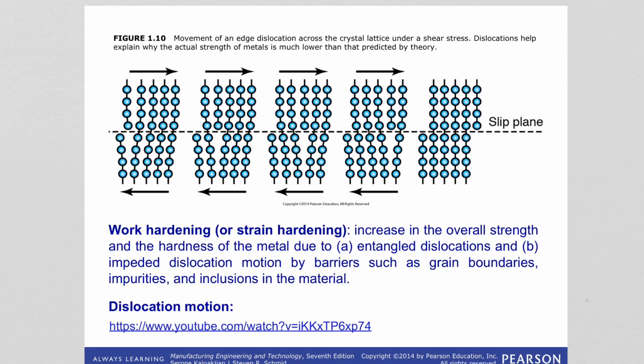But in practice, they didn't observe that this much stress was required, as calculated by the theory. So they needed to understand why less stress is required compared to the theoretical calculations. So therefore, this dislocation theory was generated.